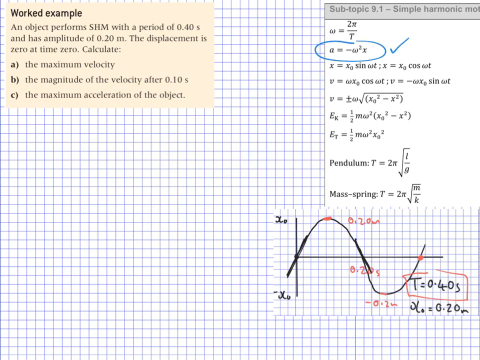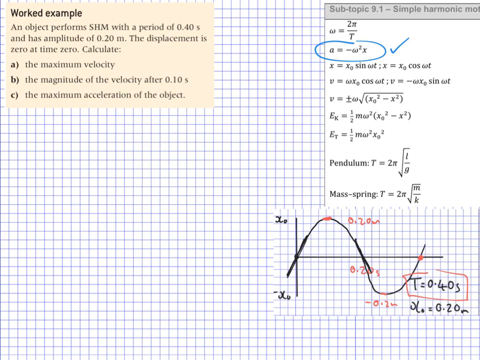Now the question is, how do we get the maximum acceleration? Well, don't panic, because what we can hopefully realize by looking at our graph is that, like I just said, when the displacement is at its maximum, the acceleration must also be at its maximum.